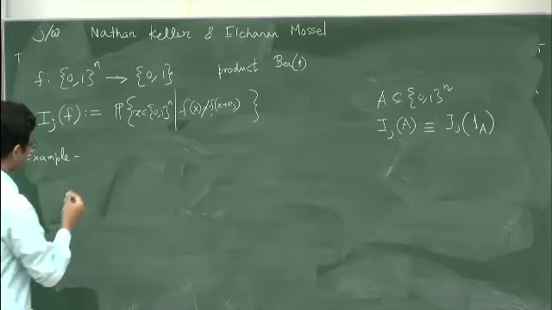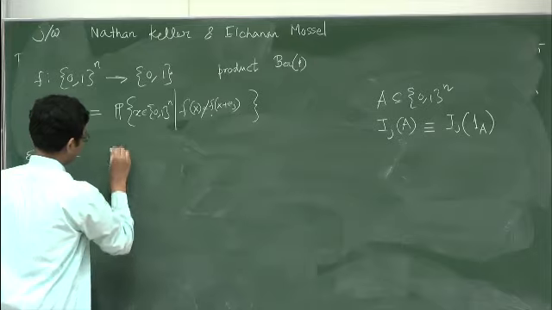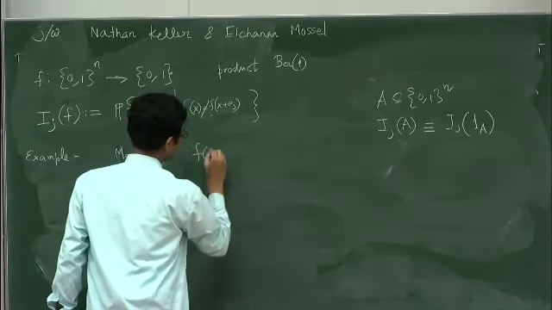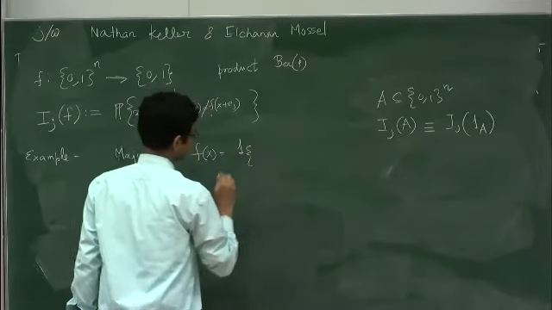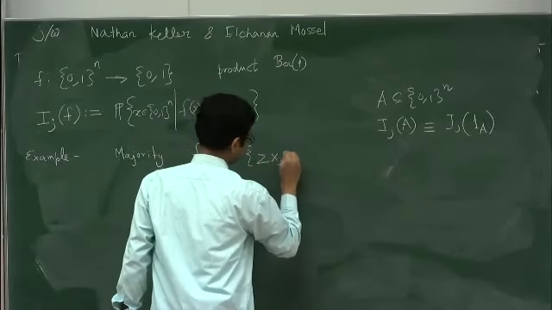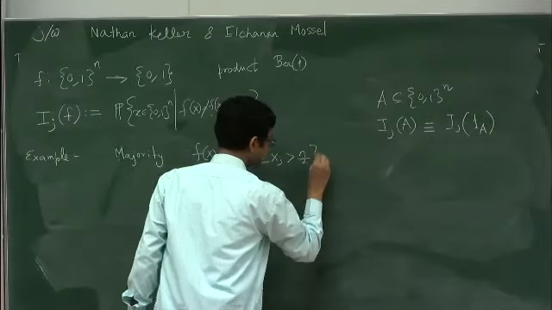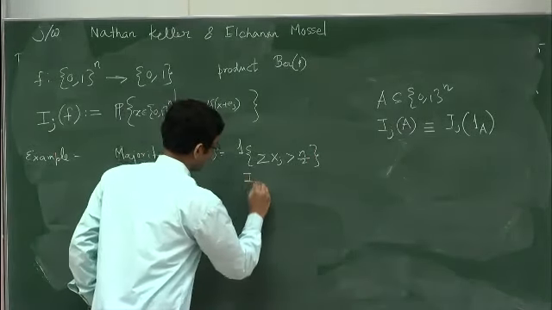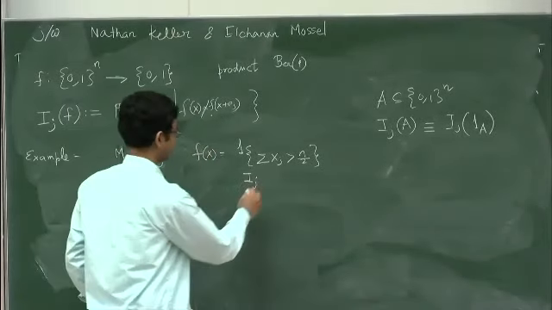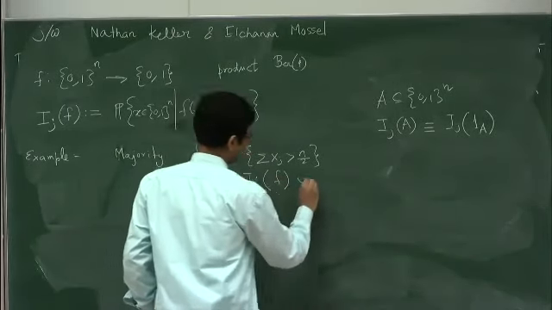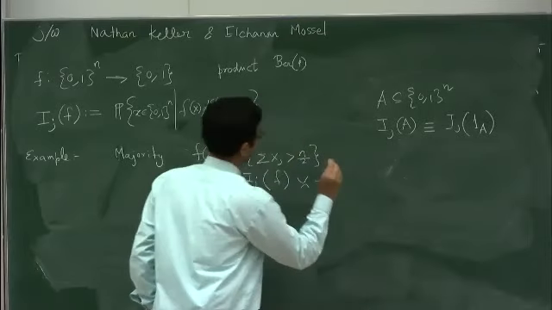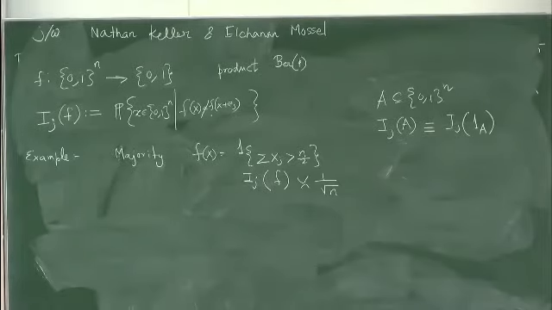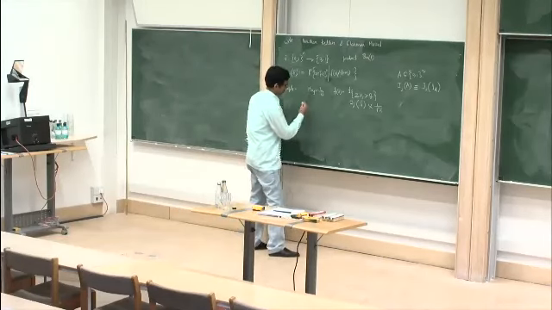Suppose we have the majority function. This is given by f(x) equal to the indicator that the summation of x_j is greater than n over 2. One can easily check that in this case each variable has equal influence, of the order of 1 over square root n, when p equals half.